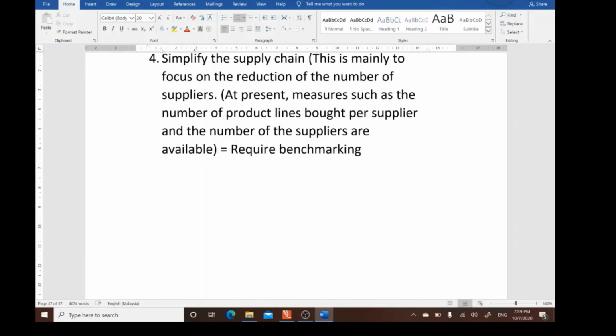So as a result, competitive benchmarking could help in seeing the number of suppliers recruited or engaged by the business.